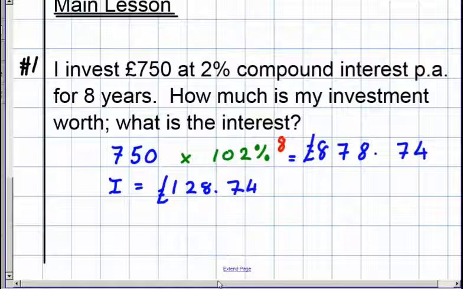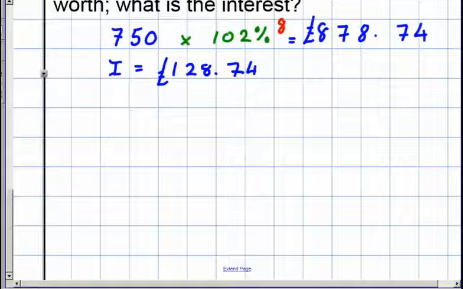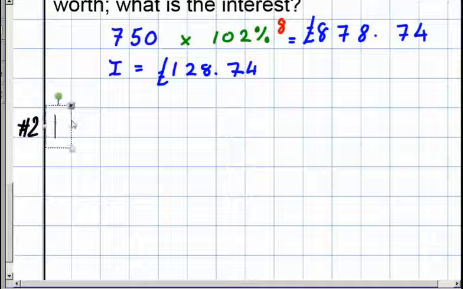But what about where it's compound decrease? Here I'll look at an example of that. Now, a very common item that depreciates is a car. So I'm told, 'cause I've never had a brand new car, as soon as you drive off the garage forecourt, it's gone down by a sizable amount.